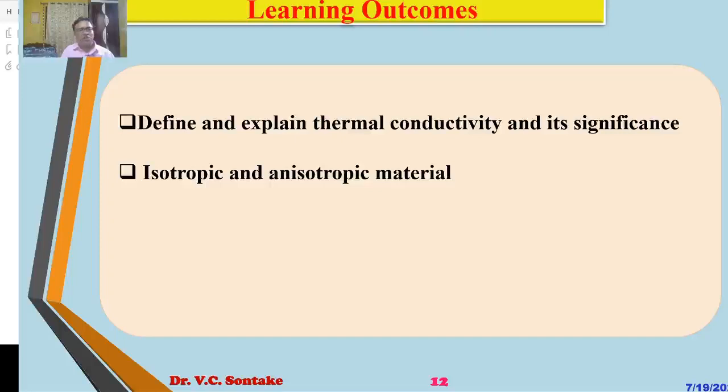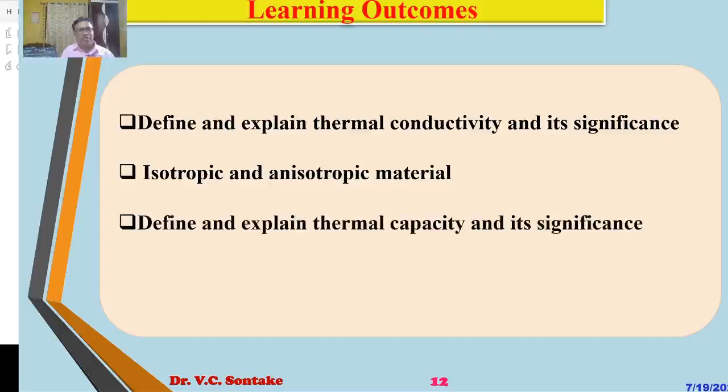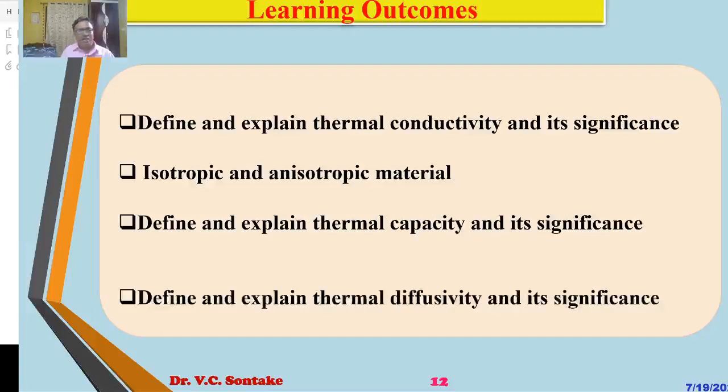You will also be able to define isotropic and anisotropic material. You will be able to define and explain thermal capacity and its significance. And finally, you will be able to define and explain thermal diffusivity and its significance.